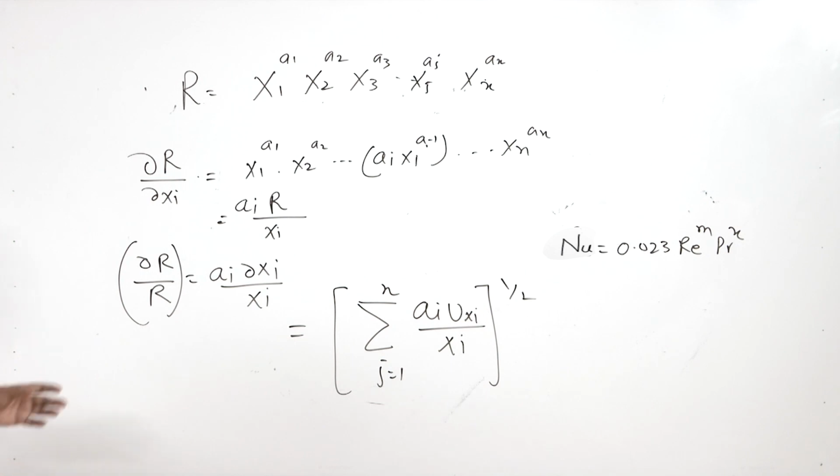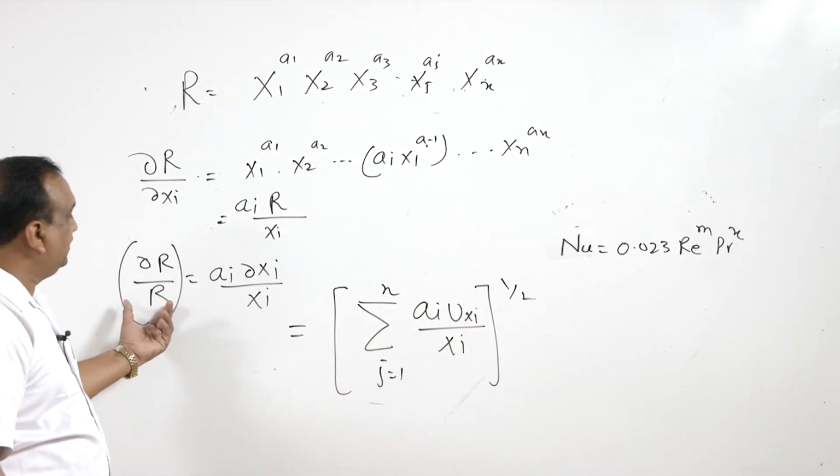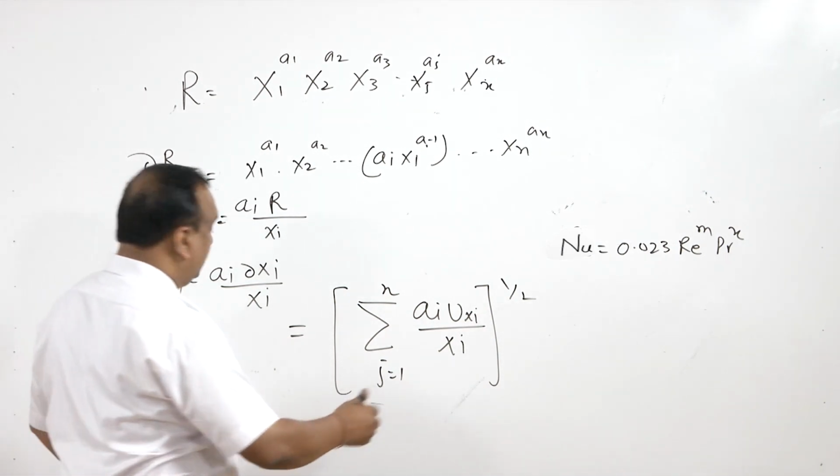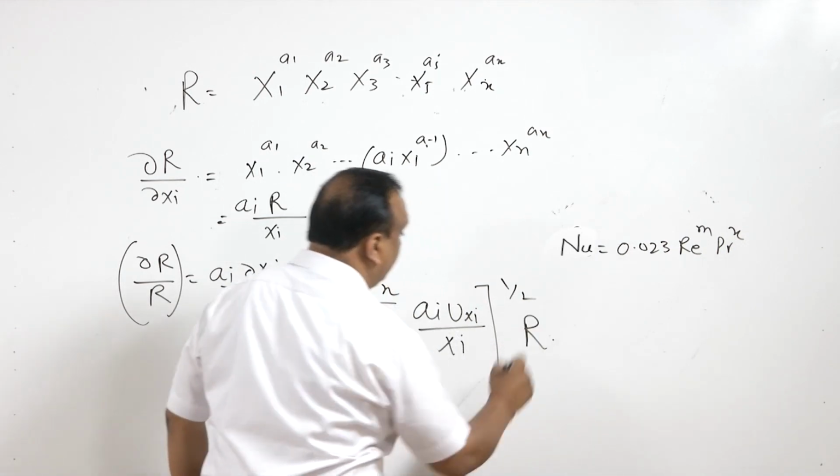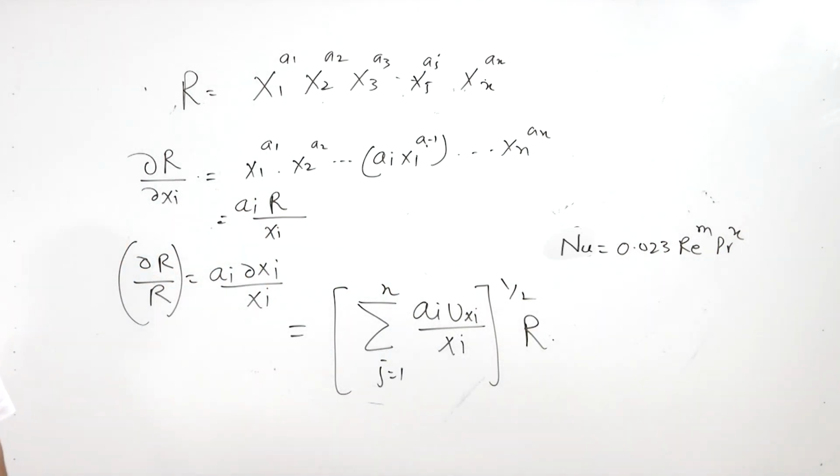So, this is how the uncertainty will be in terms of percentage. If you want an absolute value, then it has to be multiplied by R. So, both the cases we have discussed.